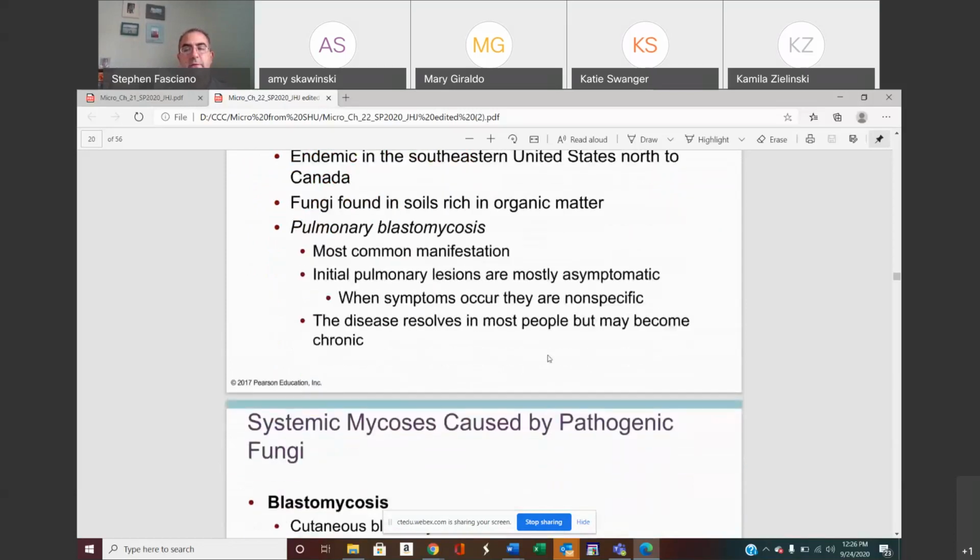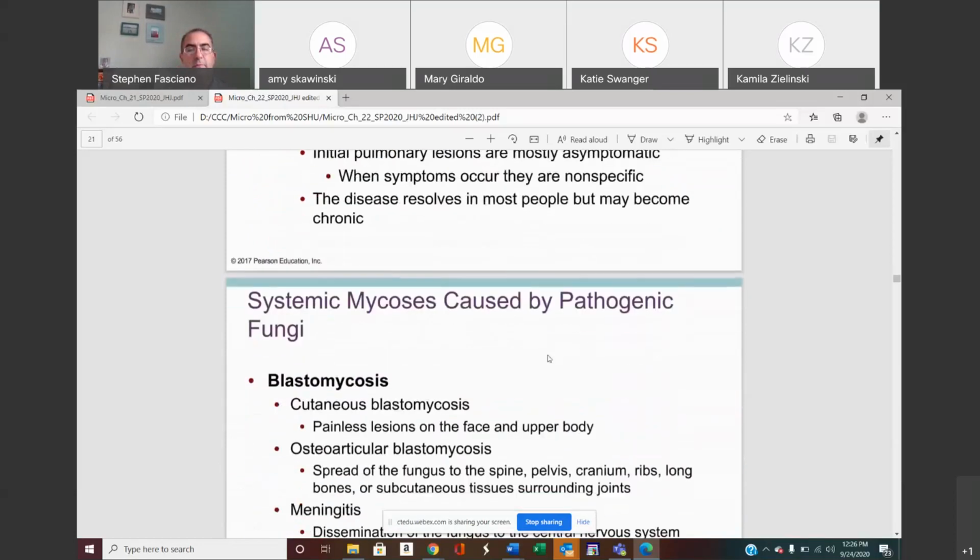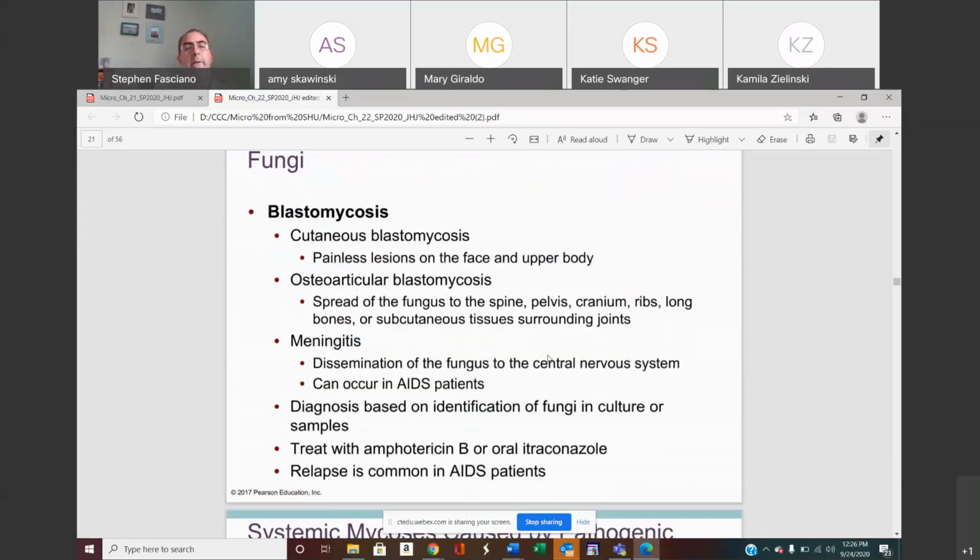The disease resolves in most people, but it can become chronic in some people. There are lesser found cases where it can affect different things. So there's cutaneous blastomycosis, osteoarticular blastomycosis.